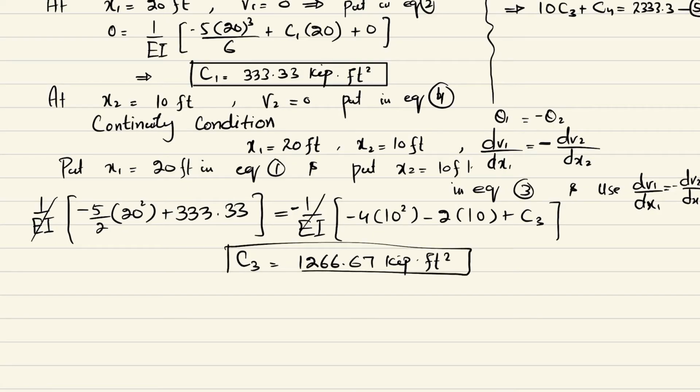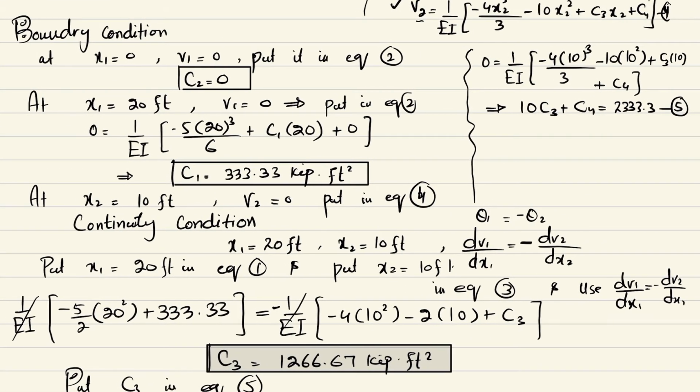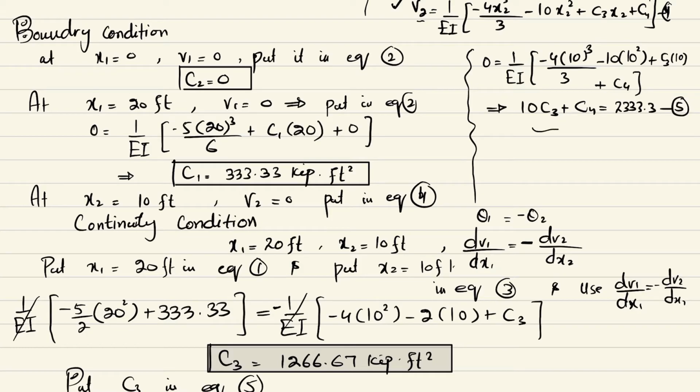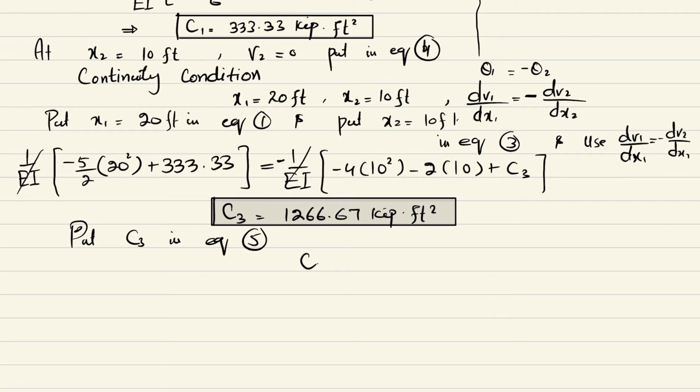Now you have the value of C3. Put C3 in equation 5, and you will get C4 is equal to minus 10333.3 kips into feet cube.